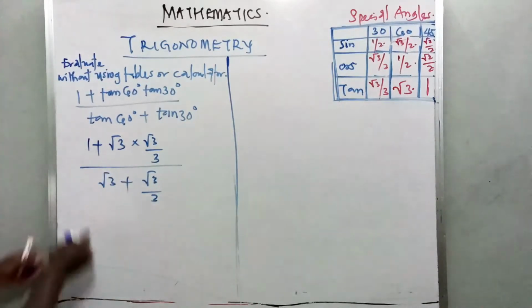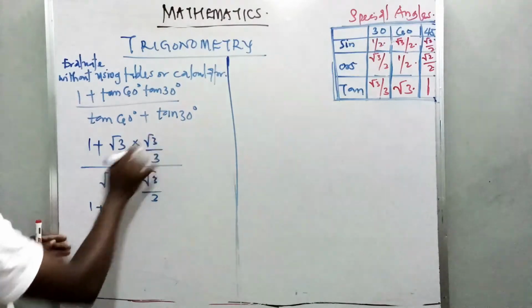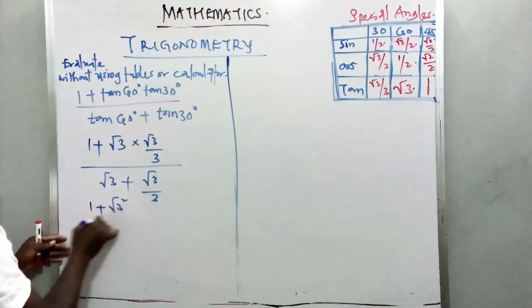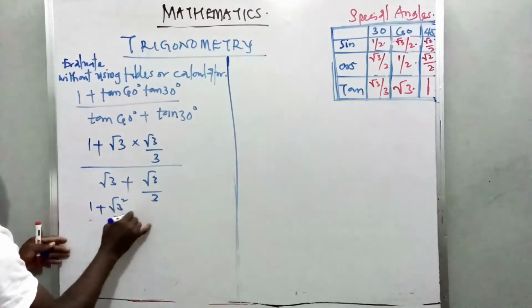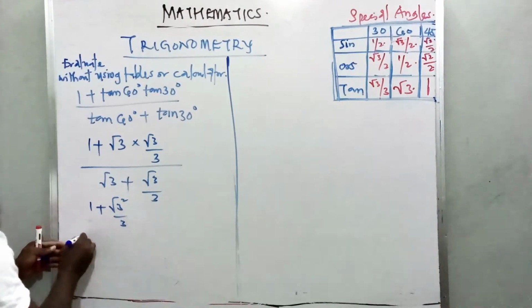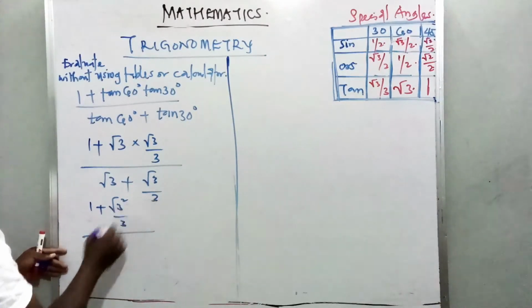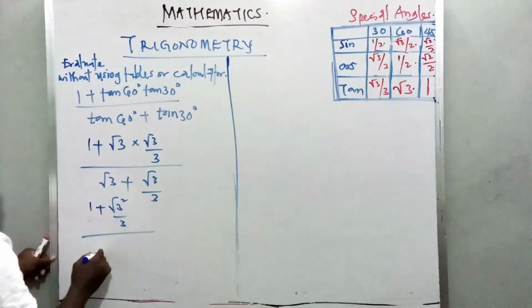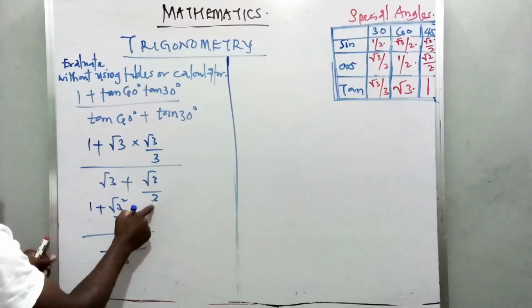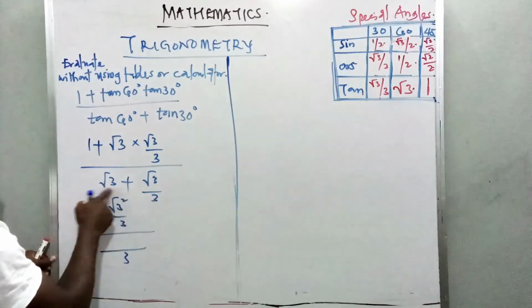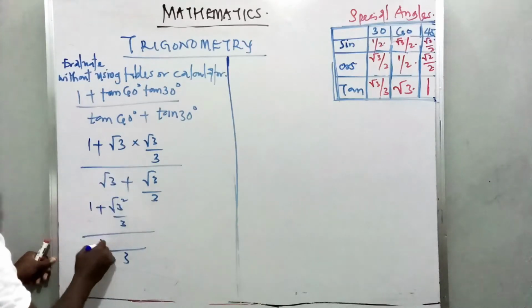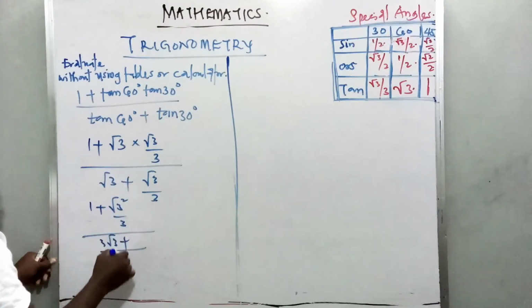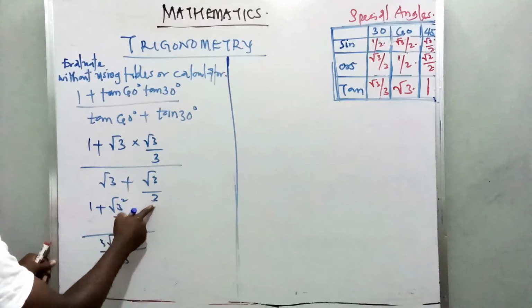So at this junction, this is now 1 plus root 3 times root 3, that's what? Root 3 square over 3, all over this too. Look up your LCM. Your LCM here, 3 divided by 3, 1. So 3 divided by 1, 3 times this, that's what? 3 root 3 plus what? 3 divided by 3, 1.